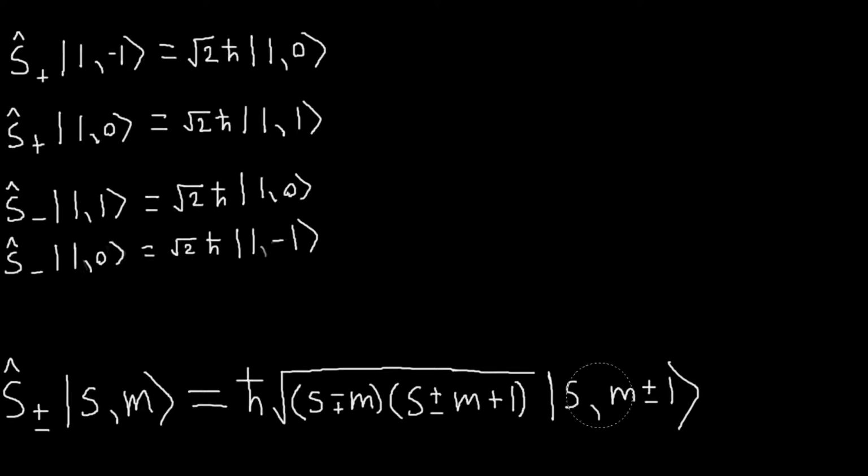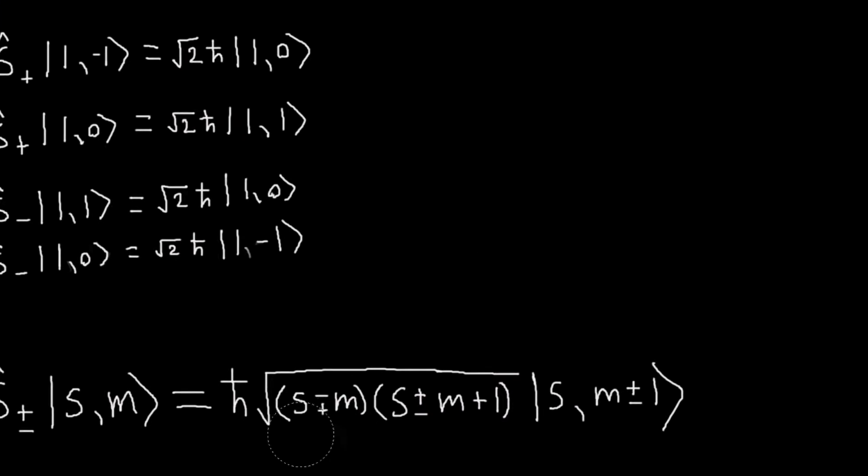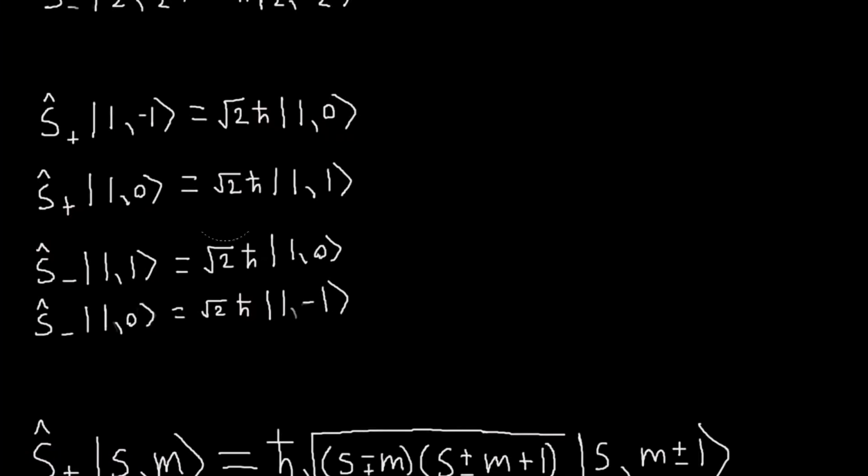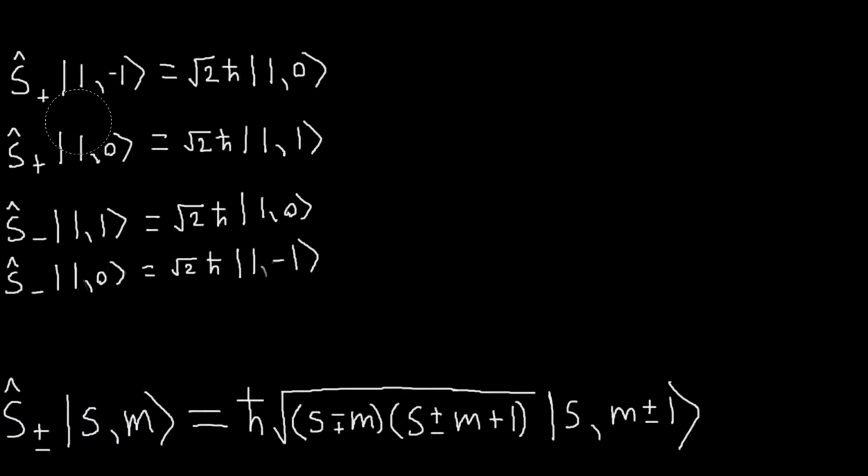But the important thing is when you act s plus, you get a state where you have |s, m+1⟩, and s minus acted on the state gives you a state that is |s, m-1⟩. So despite how nasty this coefficient looks, this is really saying something. It's just saying what we've seen here. The s plus operator takes you up in the z component of angular momentum, and s minus takes you down.